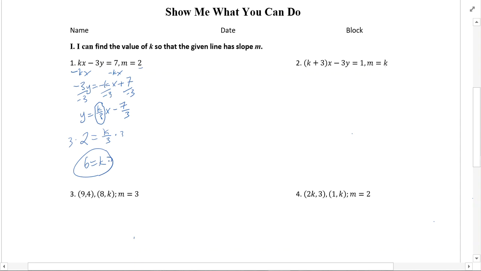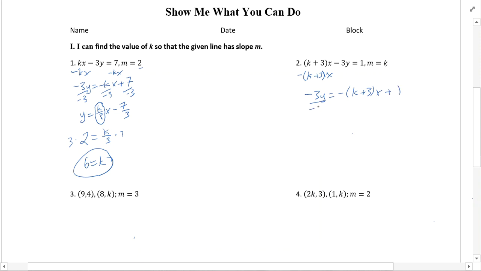All right, so for the next one, we're going to do a very similar thing, except the difference here is this k plus 3 is now in parentheses. It's a whole quantity, so we're going to move all of it. So we subtract the quantity k plus 3x from both sides. That's going to give me negative 3y equals negative parentheses k plus 3x plus 1.